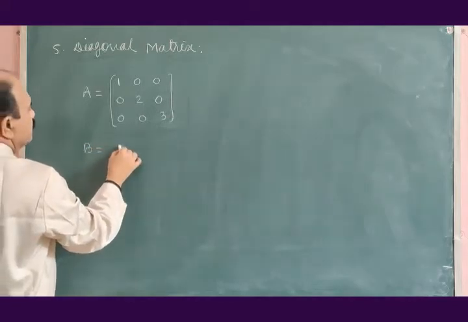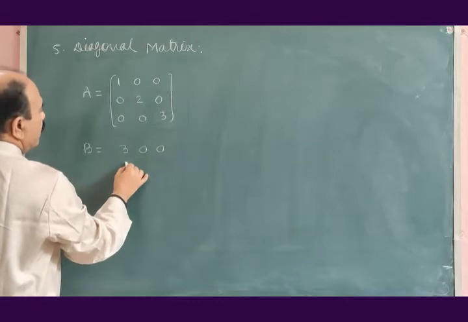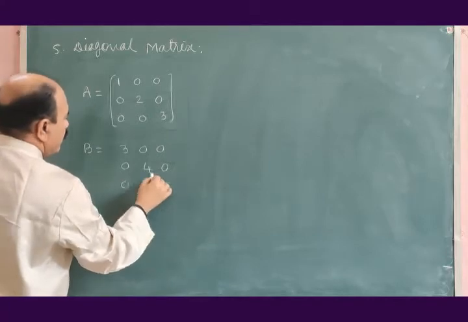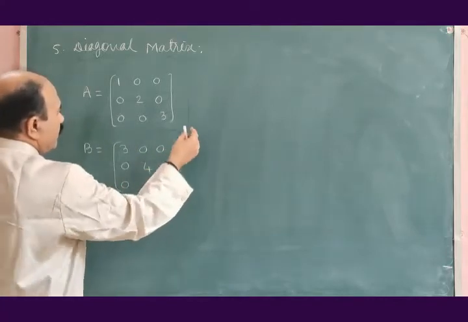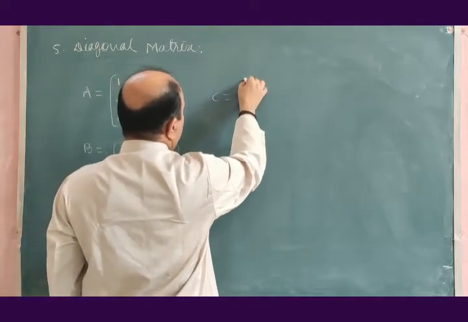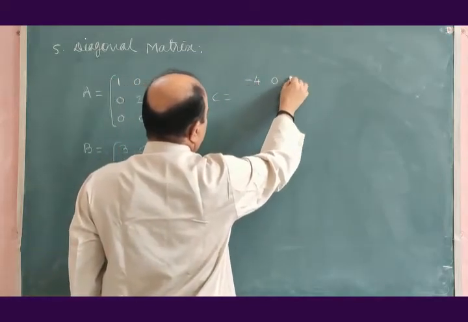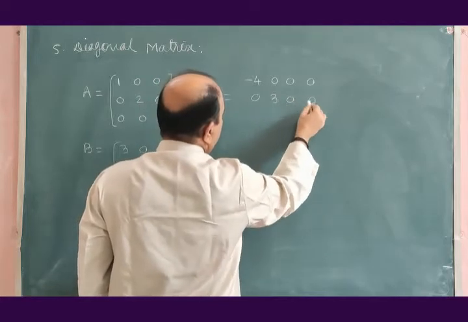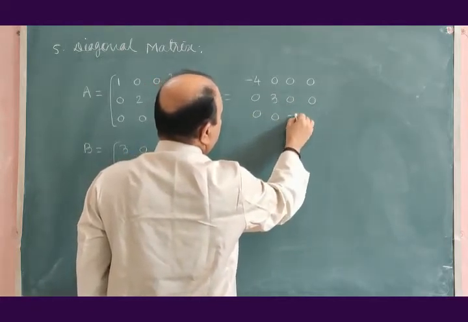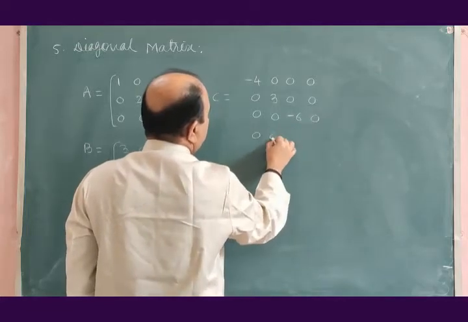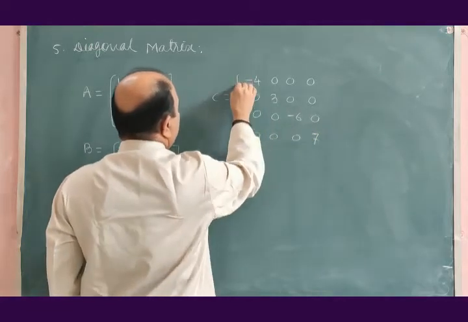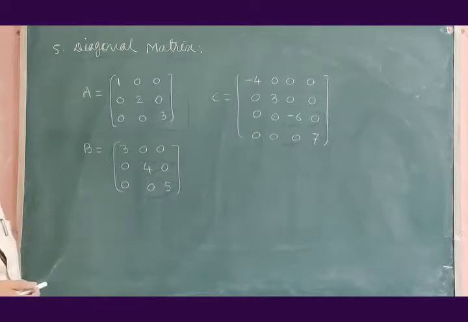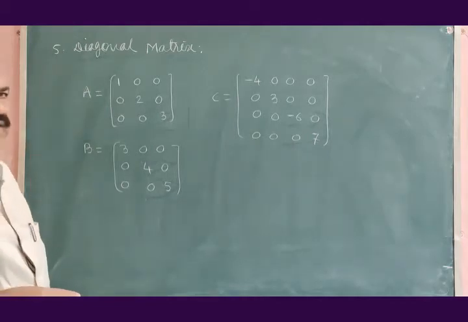Second example: matrix A, it is a square matrix, 3 by 3 matrix.